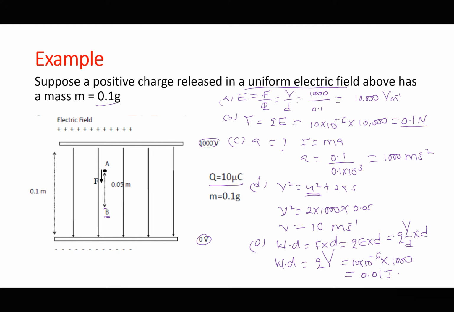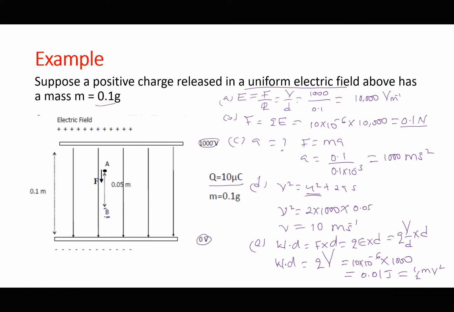You realize that if I equate this work done to a half mv squared, we can also calculate the velocity at point B using the kinetic energy at B. If the charge was released at rest, then we can equate a half mv squared to this work done, and we would be able to find the speed.